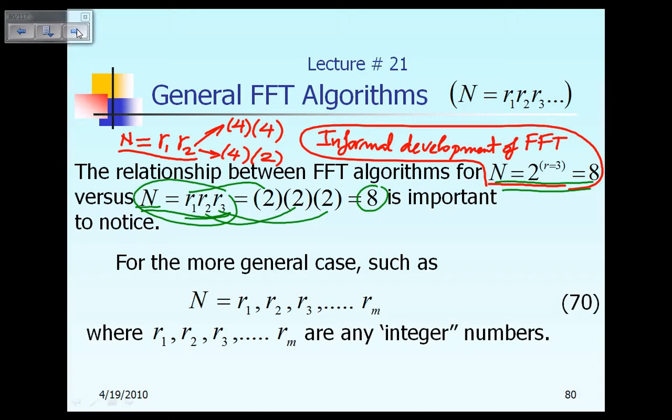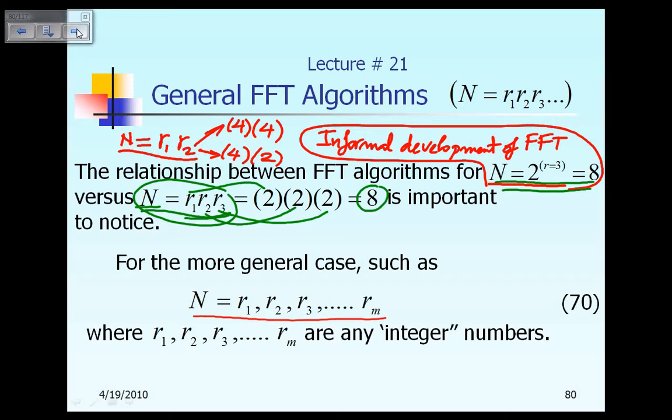As a matter of fact, in this chapter we can generalize even more, because as you can see from equation 70, the number of sample data points can be expressed as the product of not only three integers r1 times r2 times r3, but it could be expressed in terms of a product of m integers r1 times r2 times r3 times r4 all the way up to rm.